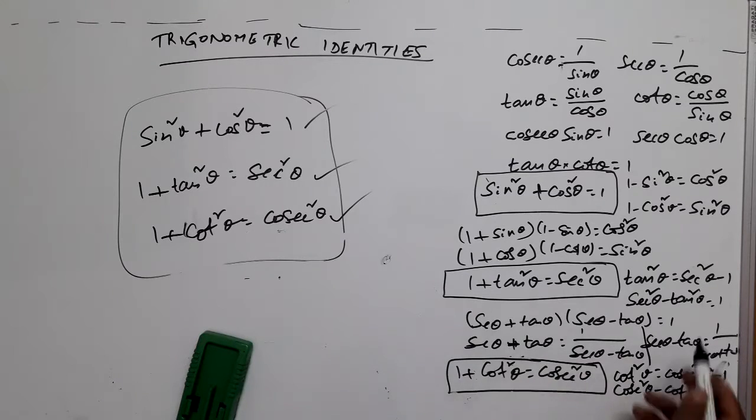Again, I'll have these relations also. So cosecant theta plus cot theta can be written as 1 by cosecant theta minus cot theta. The same way, cosecant theta minus cot theta I can write as 1 by cosecant theta plus cot theta, right?